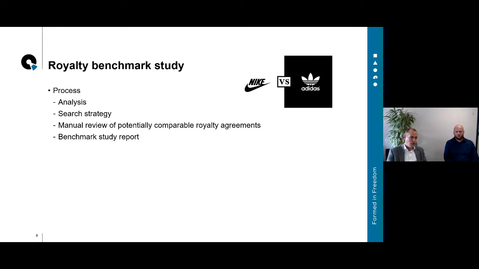So even if you would take, for example, Nike versus Adidas, you'd say both are global sport brands who are very famous, but still likely there would be a different royalty rate charged if you would license the Nike brand versus the Adidas brand. So that makes it a bit difficult to come to a good comparison.